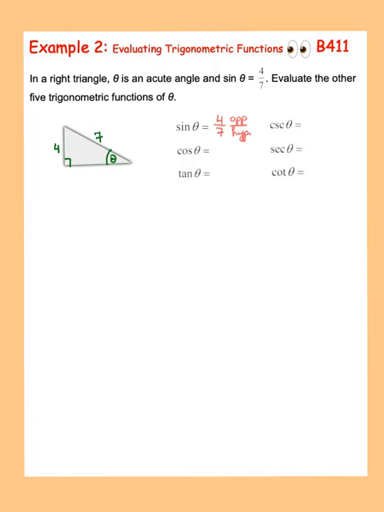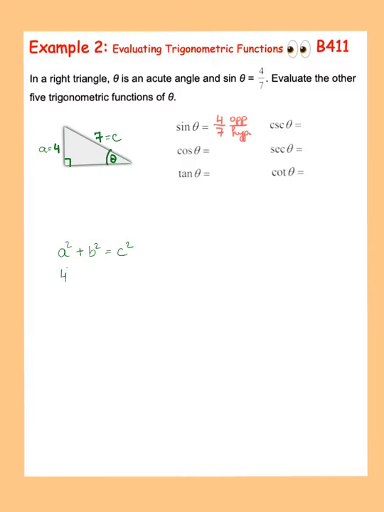So again, what I have is a triangle with one missing side. But because I know it's a right triangle, I can start using the Pythagorean theorem, which is a squared plus b squared equals c squared, to find the third side of the triangle. So I am going to say that a is 4 and 7 is c.